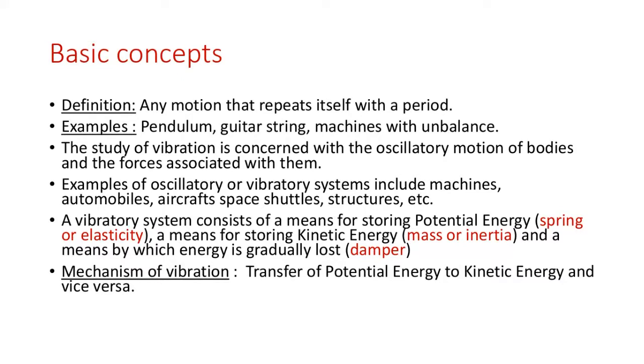Okay. Now, first of all, the essential components of vibratory systems are the following. You should have a spring or elastic element which stores potential energy, and then you should have something like a mass, or inertia, which stores kinetic energy.